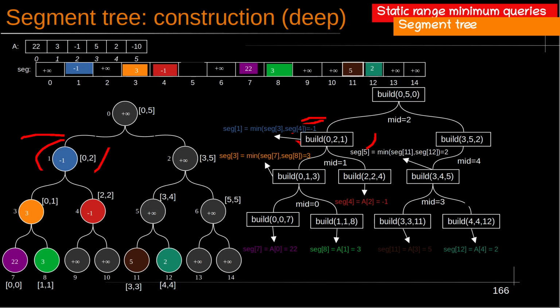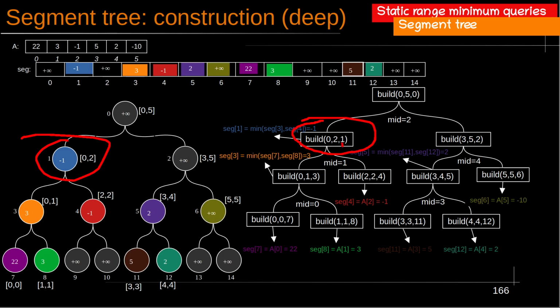Now we can compute that node at position 5, which is the minimum of seg 11 and seg 12, which is equal to 2. Now we go to the right, 5 to 5. Range 5, 5 will be at position 6 on the segment tree, which is A5, minus 10.